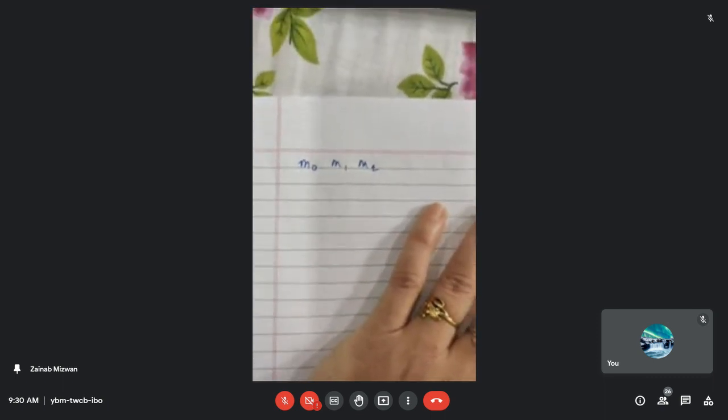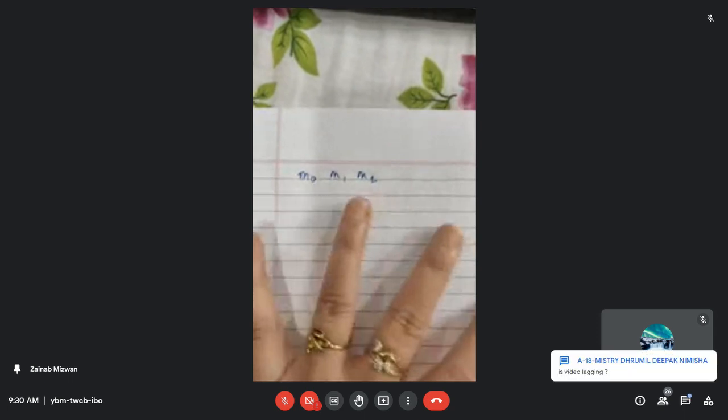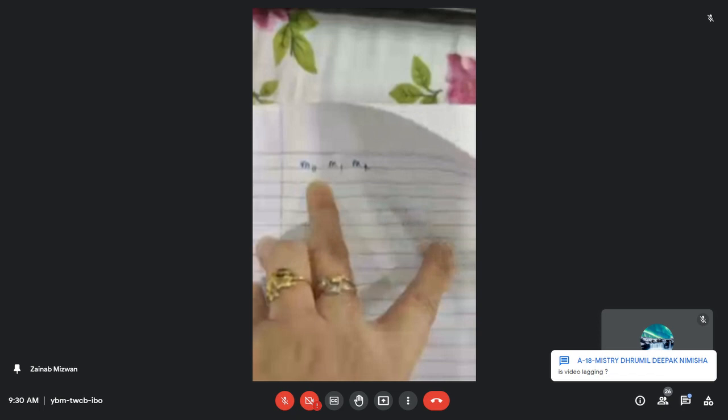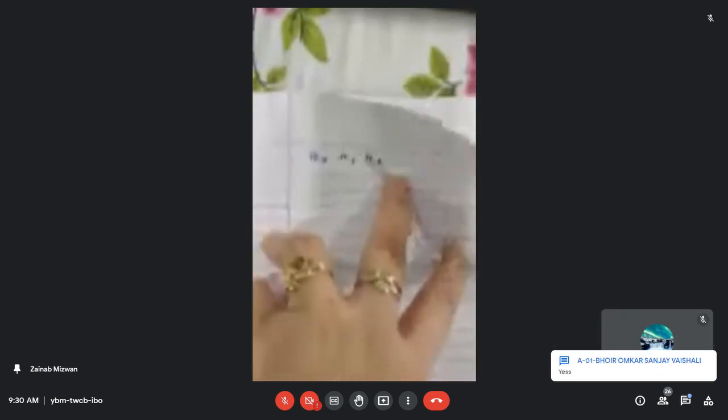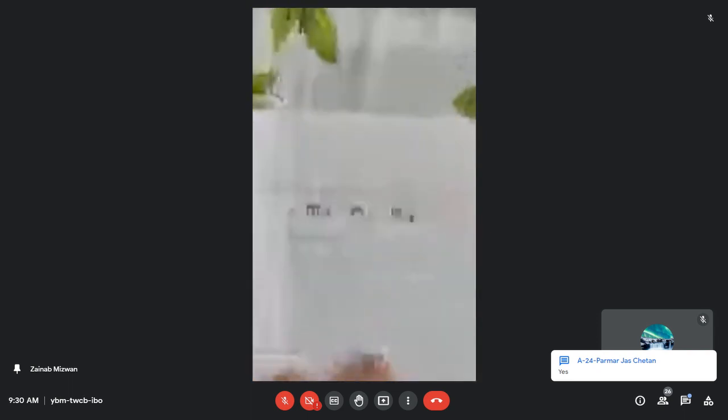And sometimes instead of M0, it is simply written as M1. Initially, when no input is being given, what will come over here?